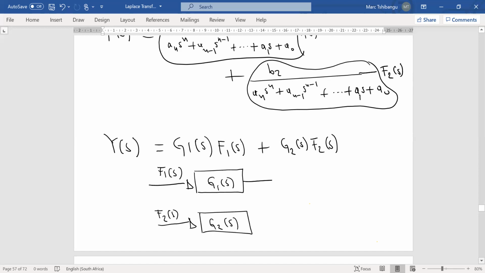And then these two get added to give us the output variable. So this is the block diagram of the process that has two input variables and a single output variable.